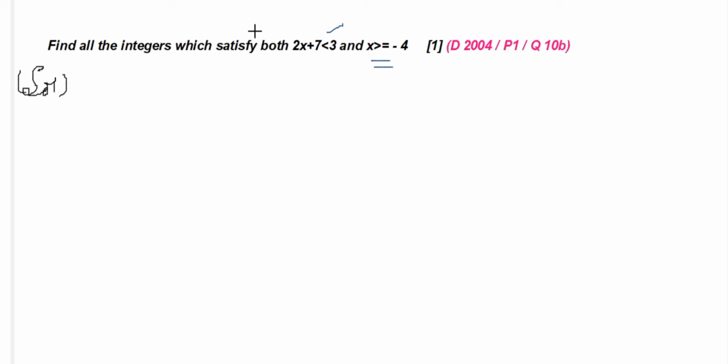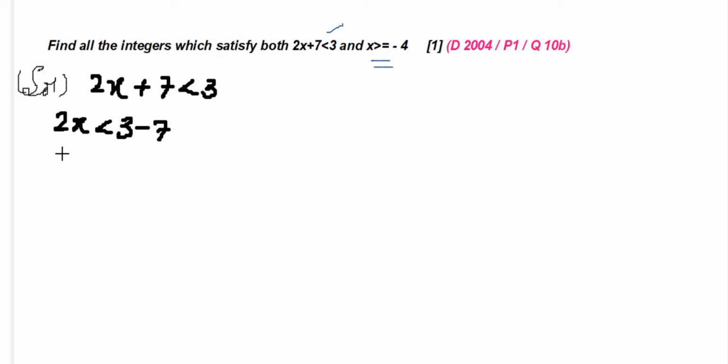This is a simple inequality, 2x plus 7 less than 3. By subtracting 7 from both sides, we have 3 minus 7. This implies 2x is less than minus 4. Dividing both sides by 2, we have x less than minus 2.